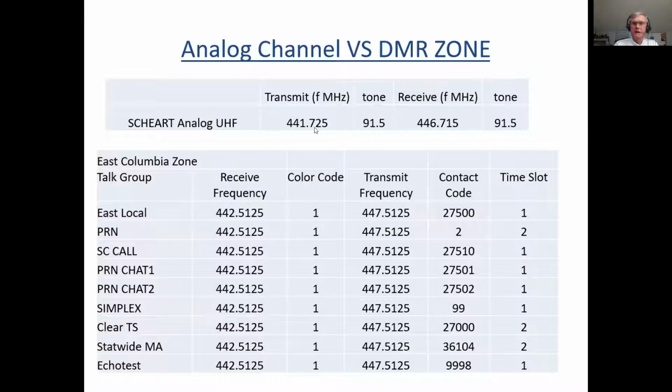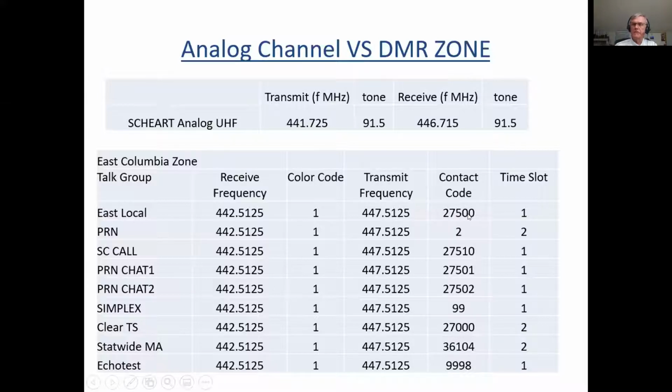This may demonstrate it a lot easier. The very top area of this slide shows you a typical analog UHF repeater. You have your transmit, your receive, your encode, your decode tone. That would be your talk group. On my East Columbia DMR repeater, my zone says East Columbia, and you'll notice here all the frequency receives and transmits are the same, the color codes are the same, but I've added a contact code over here and a time slot.